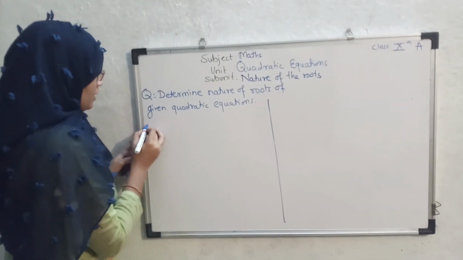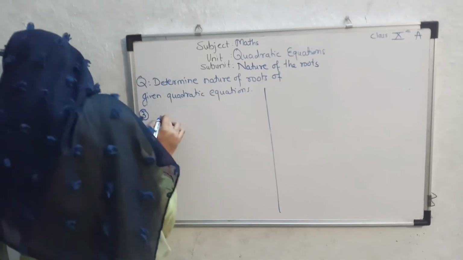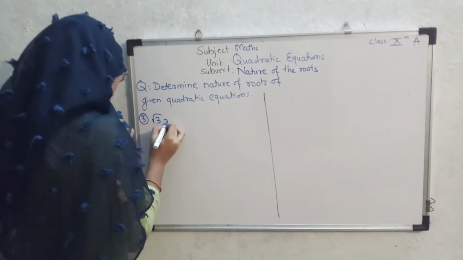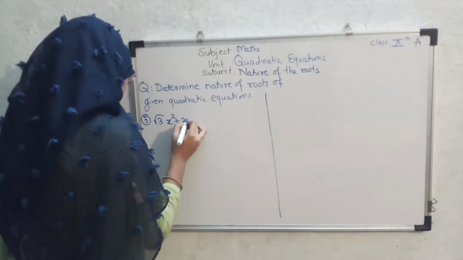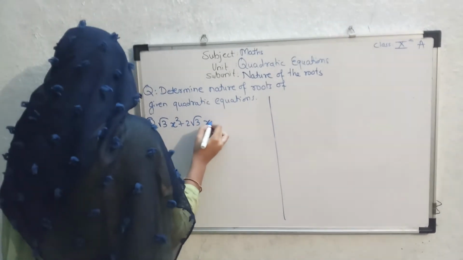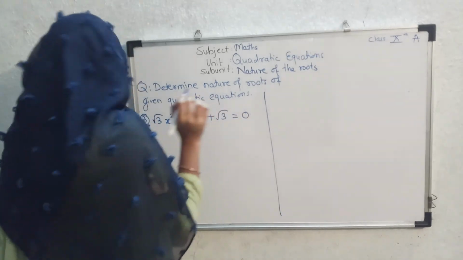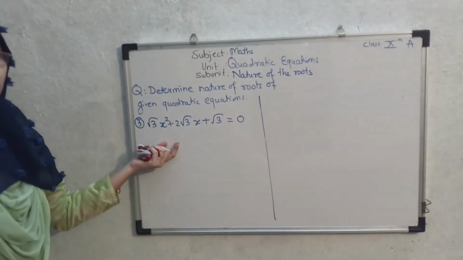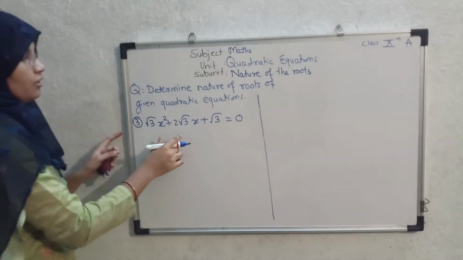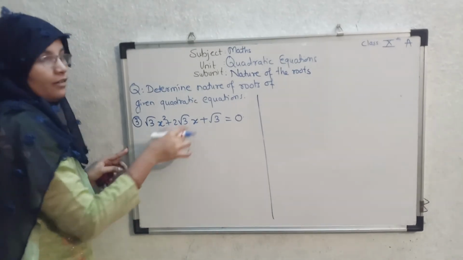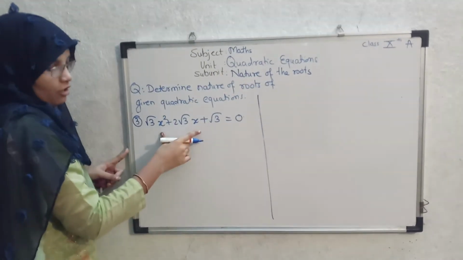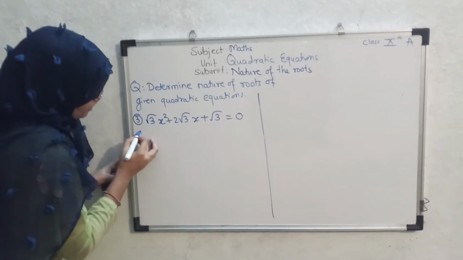Now the third example is root 3 x square plus 2 root 3 x plus root 3 is equal to 0. This is our given quadratic equation. We have to find the nature of the roots of this quadratic equation.